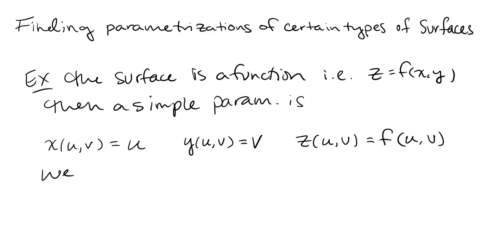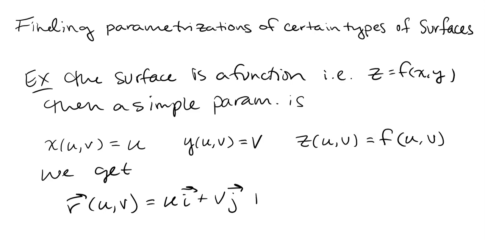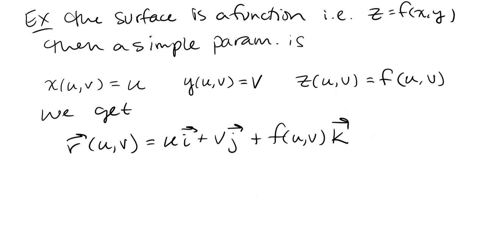So then we get r of u v would just be u i plus v j plus f of u v k. So basically our two parameters in the x and y components, and then just use the actual function in the z component. Or you could change those up depending on which are your independent variables and which is your dependent variable.